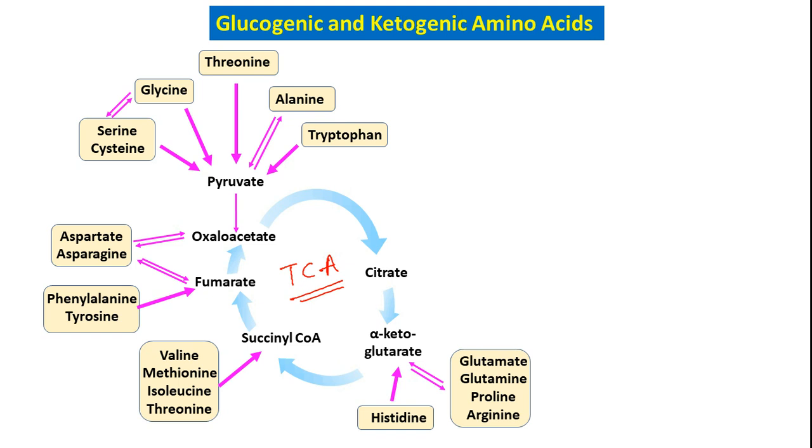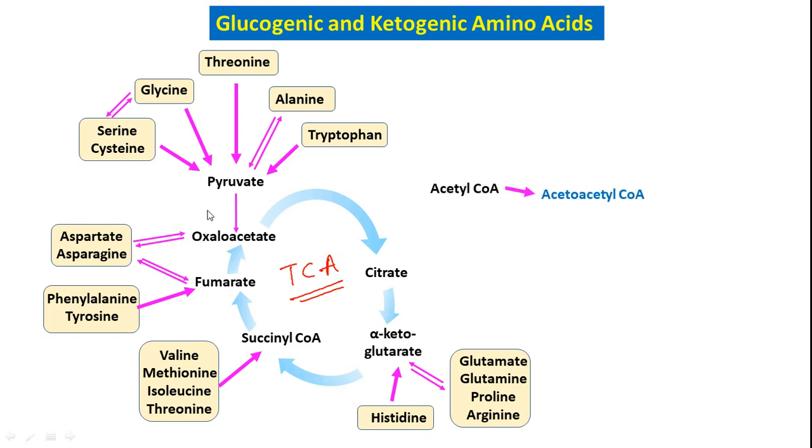So this is all about the contributions from amino acids towards the tricarboxylic acid cycle. But ultimately, the 3 carbon unit pyruvate and the 4 carbon unit oxaloacetate play a major role in gluconeogenesis. Okay, so in this way they help us both in contributing towards the tricarboxylic acid cycle, and also, in the form of pyruvate and oxaloacetate, they are providing us ingredients for gluconeogenesis.